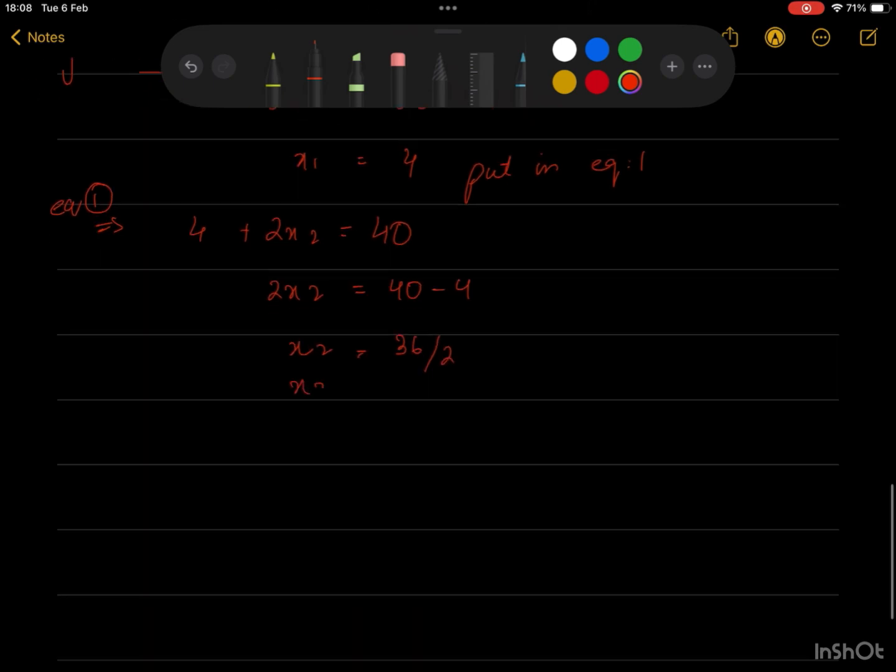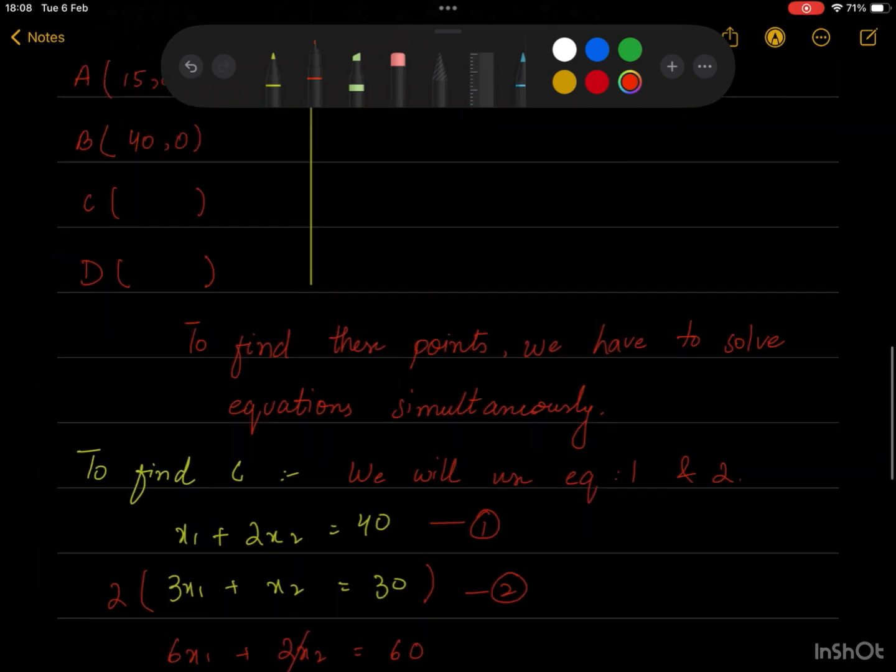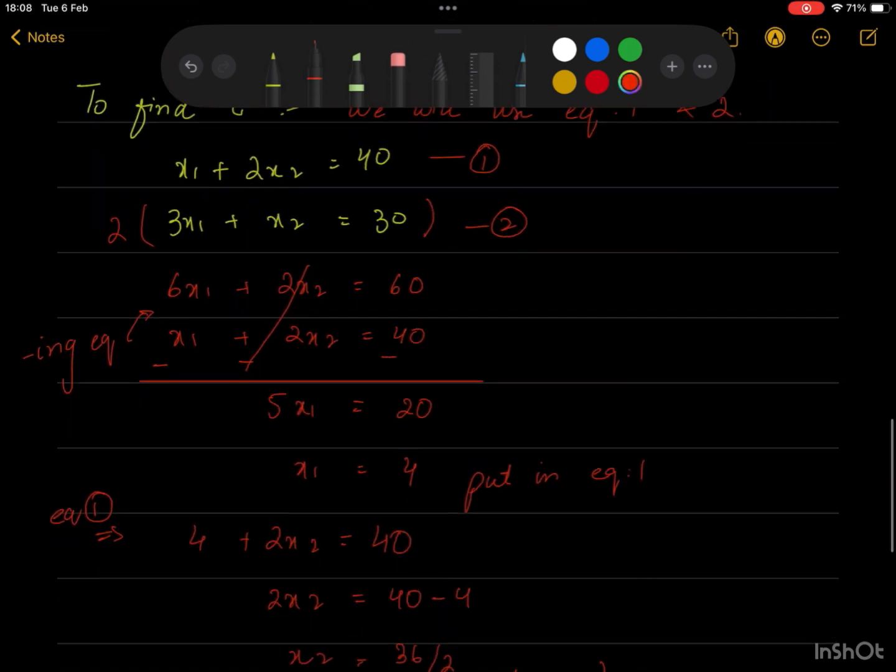Here we solved for point C, and the values we got are x1 equal to 4 and x2 equal to 18. So C is found to be 4 comma 18. Similarly, we're going to find our point D as well.